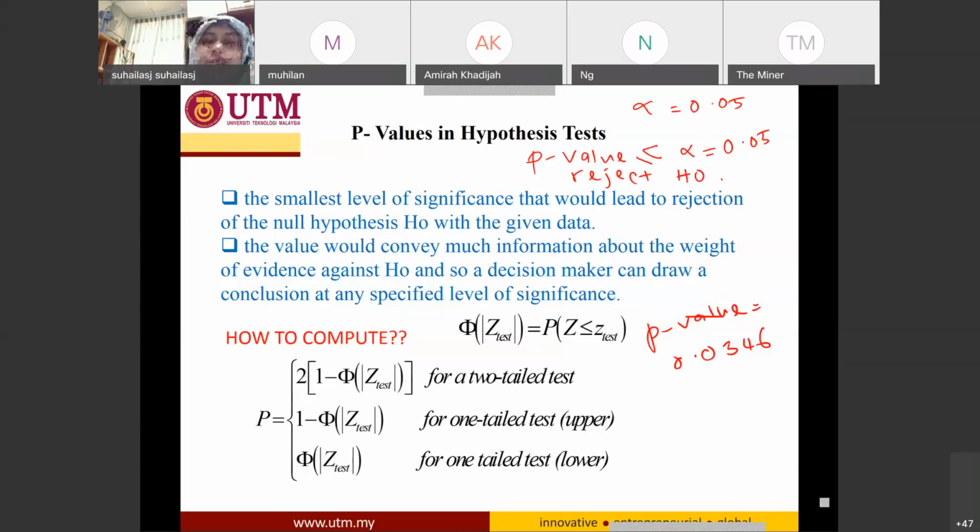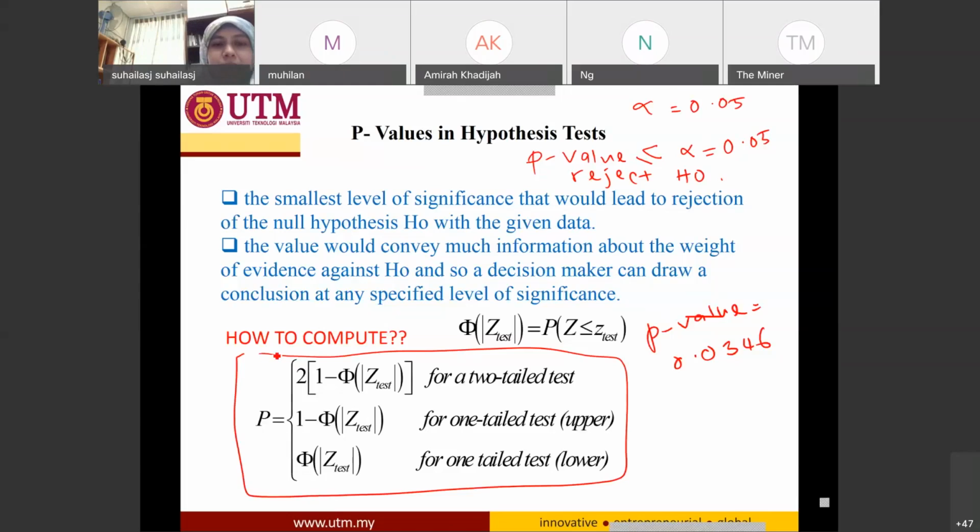Way to compute your p-value kalau kita tak buat programming ke apa ke is this one. Ini cara kita nak compute kita punya p-value. Okay, dia ada simbol dia. Ini kita panggil sebagai phi z test, maksudnya cumulative probability z less than or equal. Kalau for two-tail test, kamu punya p-value adalah 2 kali 1 tolak phi z test ni.